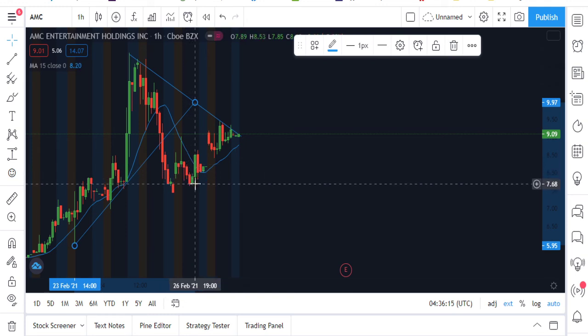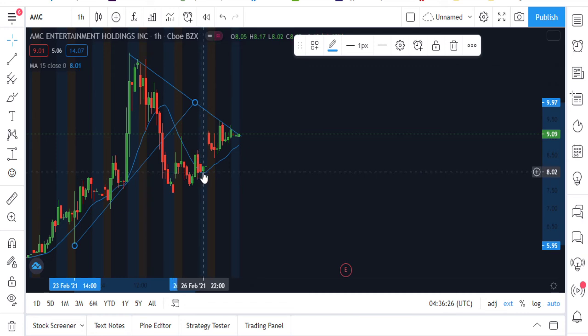And then it was kind of just doing its thing, and then it went above 852. Then it went back down below the moving average. Then it hit the moving average, went above. So this was what, February 26th?